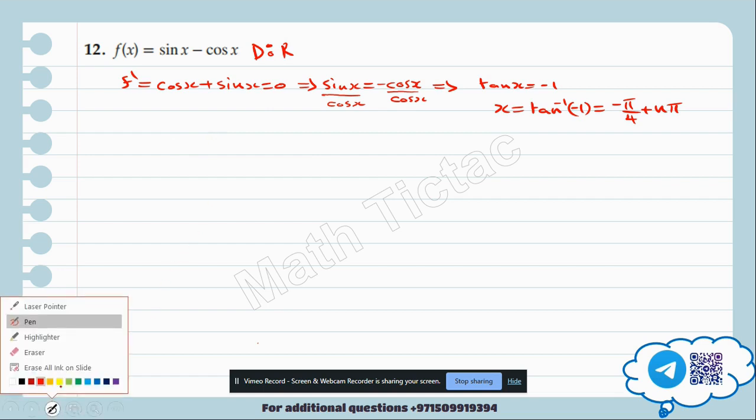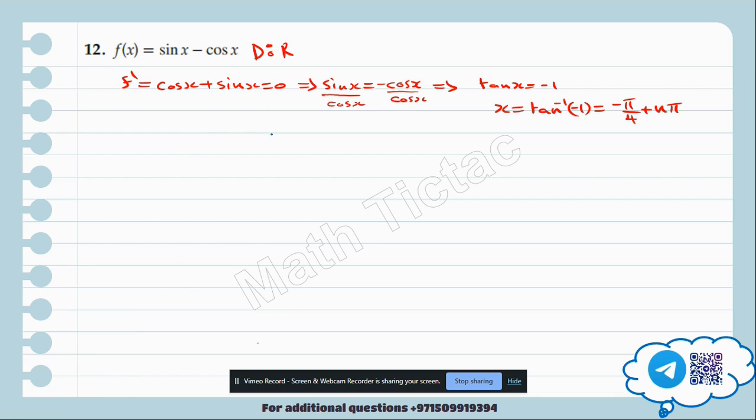So in here, I'll start with the number line test. Directly I'll start with minus pi over 4. Since this is a periodic function, this critical number will be repeated after n pi.